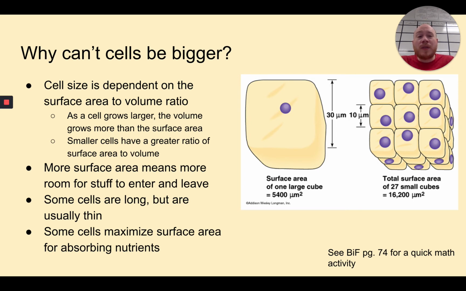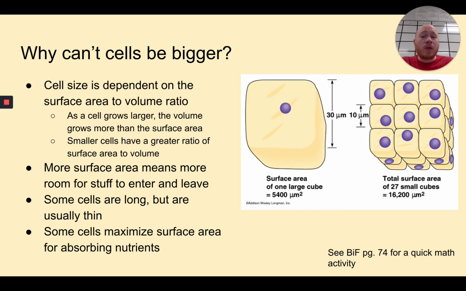And so if you're really, really big, let's say we have a cell this big, it would take forever for an oxygen molecule to go from outside the cell to inside the cell. And that would be a problem for the cell to live. We can't maintain homeostasis if there's no movement or it's very slow. So smaller cells are better than bigger cells for the most part.